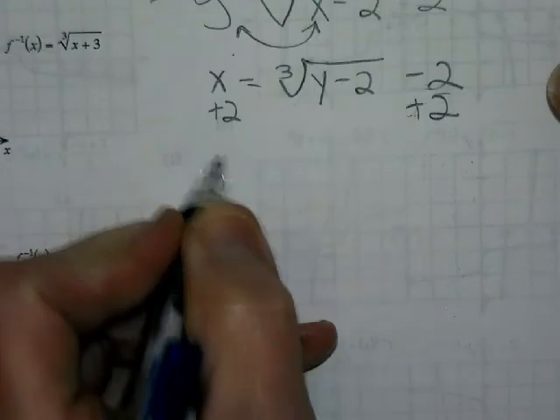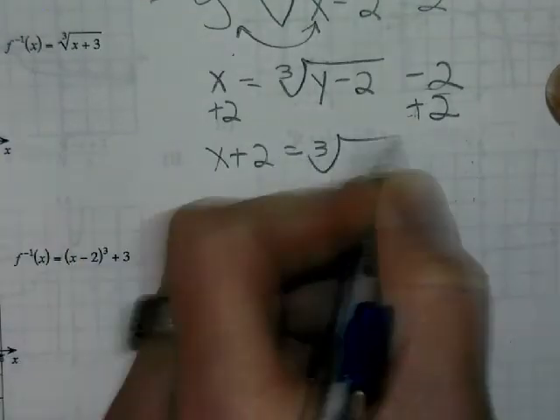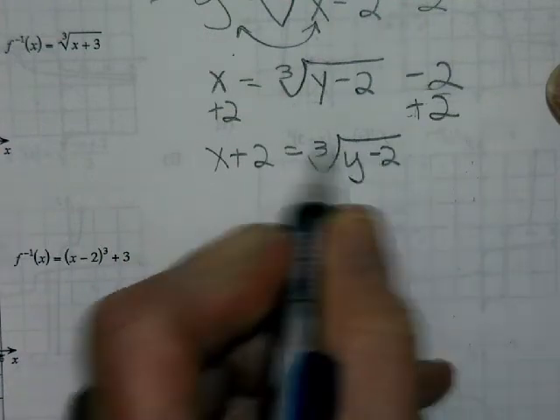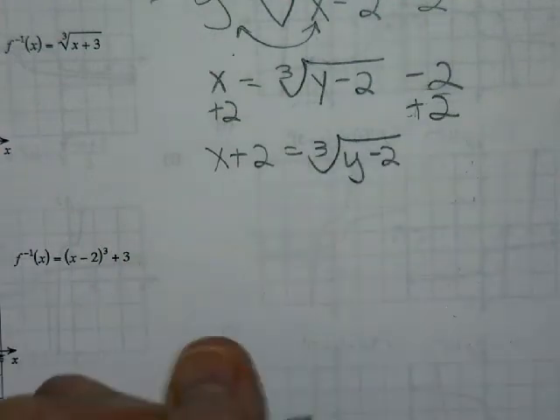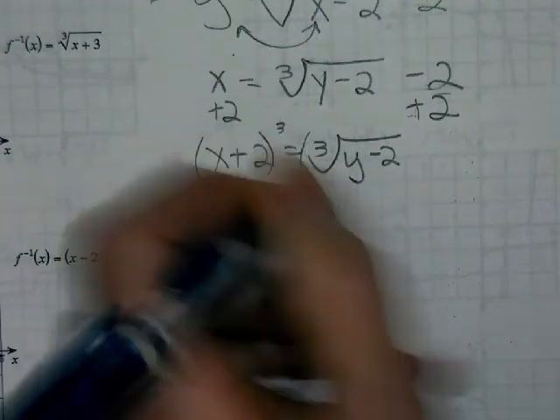Okay, so it's x plus 2 is the cube root of y minus 2. Remember, you can't touch what's in here until that cube root disappears. So you'll cube both sides. That's the inverse of cube root.